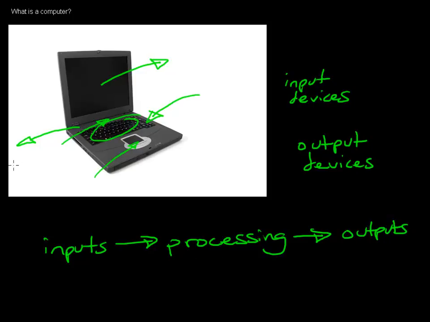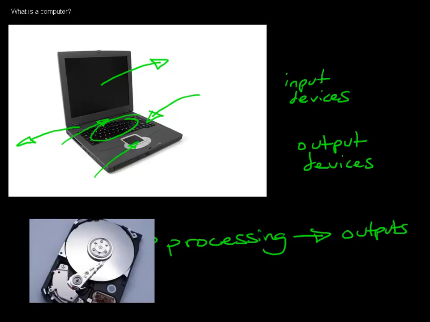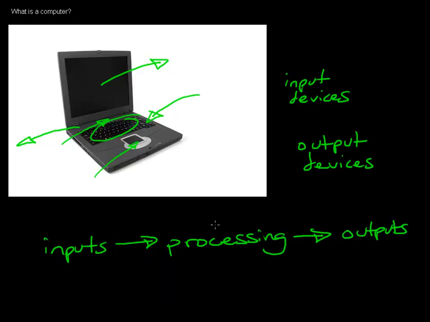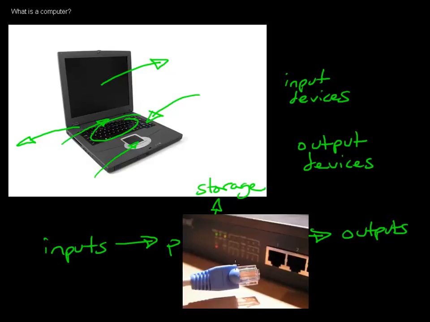Now there's a little more to computers than this. We could, for instance, add in a hard disk. So if we add in a hard disk, then this is a device which is a storage device, and so we can have information going into and out of the computer to a storage device. And in the same way, we've also got a picture here of a network cable and a router.